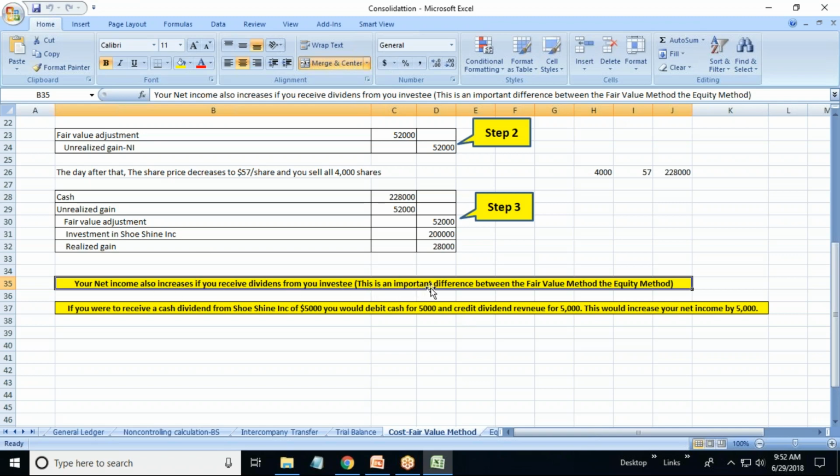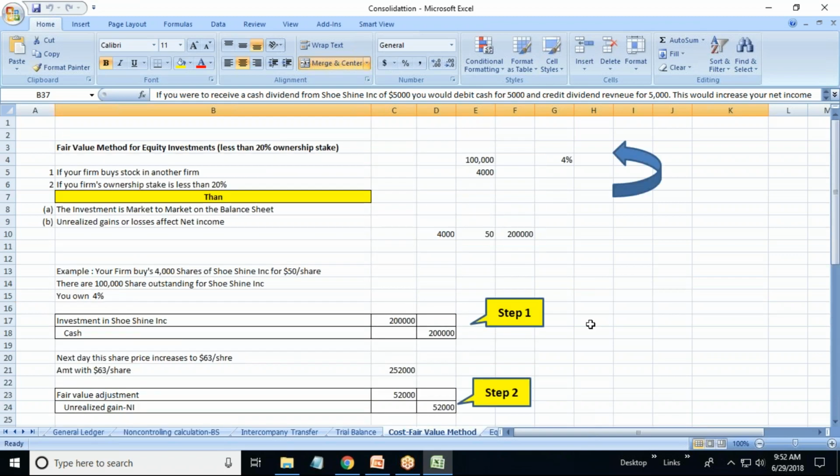This is the main difference between the fair value method and the equity method, which we are going to talk about soon in upcoming videos. If you receive a cash dividend from Shoeshine of 5,000, you debit cash of 5,000 and credit dividend revenue of 5,000. So you increase your net income by 5,000.